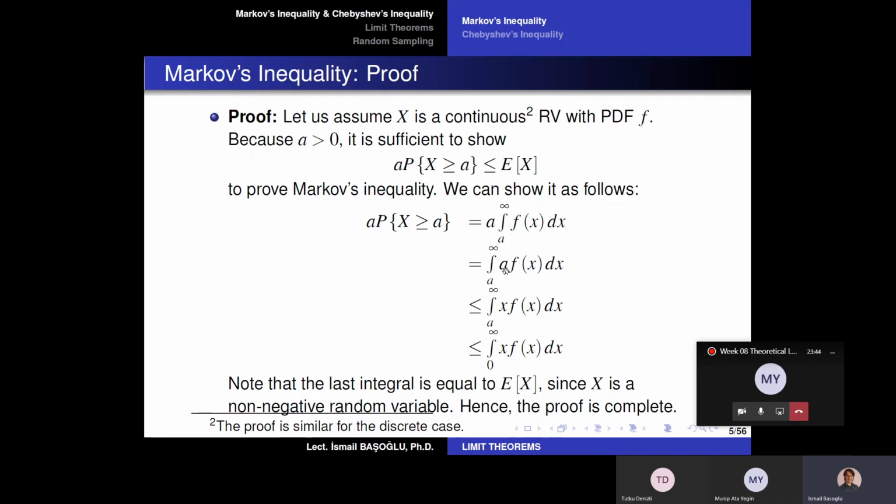Instead of a here, if I write x itself, as x changes from a to infinity, I can definitely say that the integral of x times f_x dx from a to infinity is greater than or equal to the integral of a times f_x from a to infinity, because a is the least possible value of the multipliers that can be taken between a and infinity.